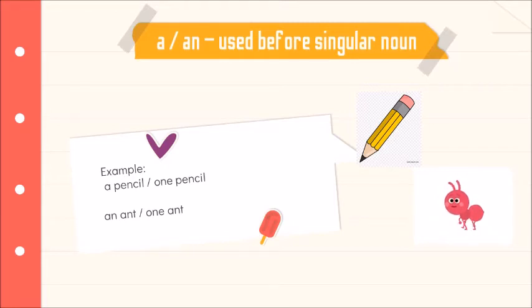A and an is always used, children, before a singular noun, never with a plural. For example, when I want to say I have one pencil in my box, you may say I have a pencil. Or if you want to say that I saw an ant, which means you saw one ant.